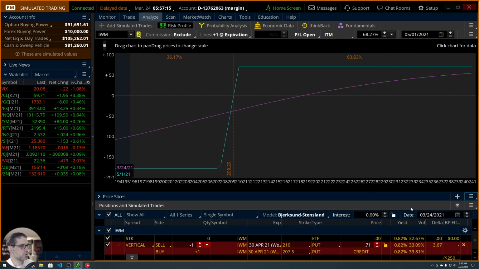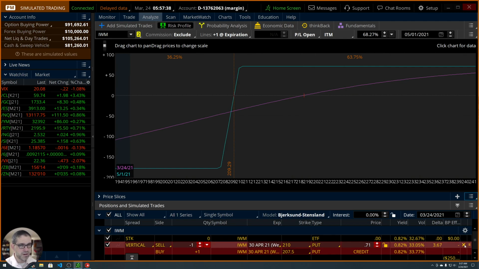In this case, we're looking at a slightly lower probability, but did I get that right? Yeah, I got that right. So I am looking at a lower probability, but more of the bias that I have for it being bullish. You know what I'm saying? So I don't know. I kind of like this one a little better.